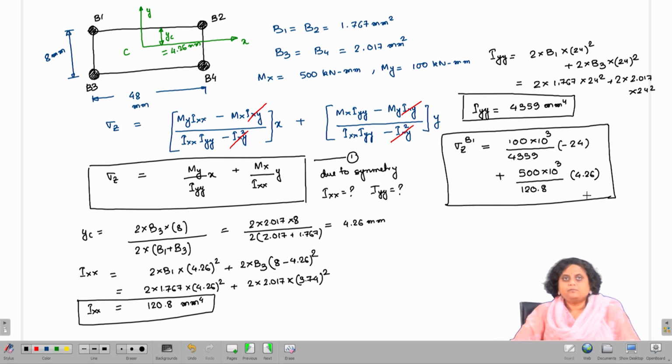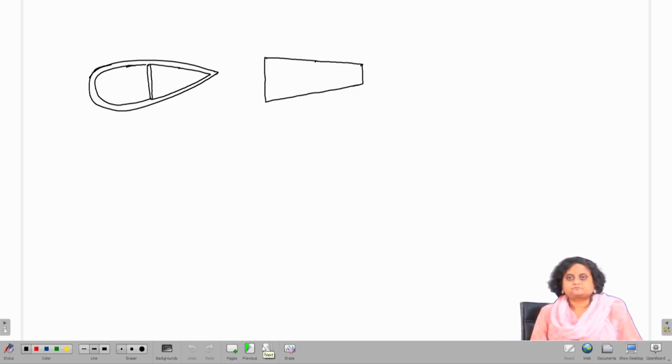So, by using the Skin-Stringer idealization, we can get a rough estimate of the direct stress at the location B1. Similarly, we can find out the stress at B2, B3 and B4 for the applied moment Mx and My. So, let us now move on to the next problem.